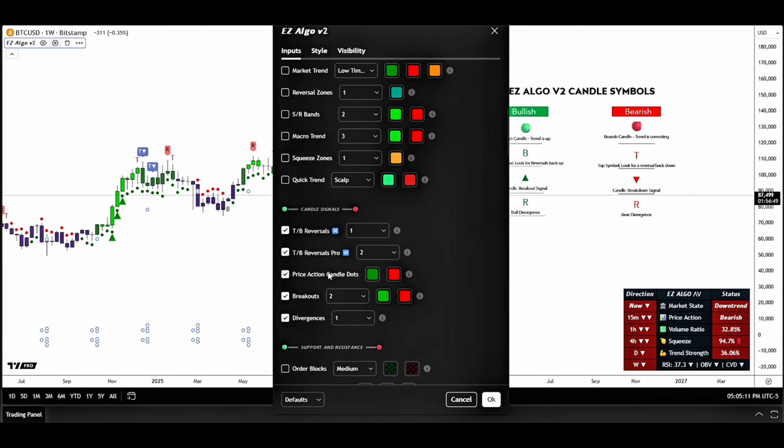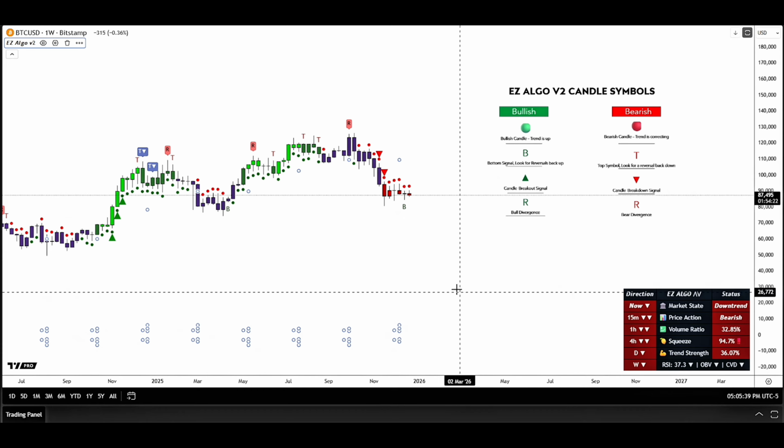We have the TB reversals Pro, which is a different type of strategy that doesn't go off as much as the first one does, but they're pretty accurate when they do go off. We have our price action candle dots here, breakouts, and divergences based on RSI logic, which gives you quite a bit of a range, so you can know when those bullish or bearish divergences are taking place on the chart.